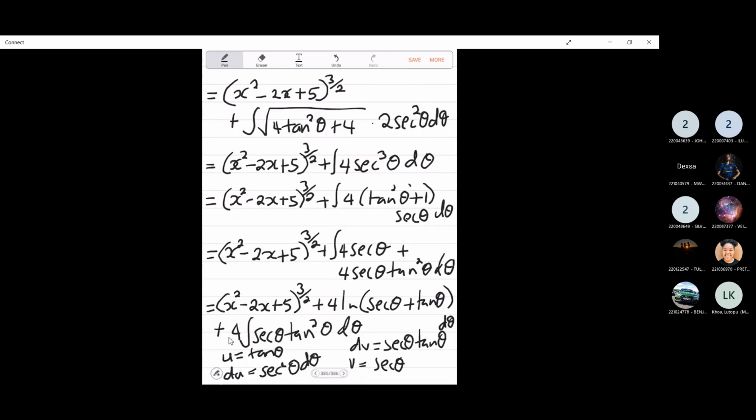And then we have for the integral of sec theta tan squared theta, which we integrate by parts. So this last two terms are the derivative of 4 sec to the power of 3 of theta. So now we add u times v. So we have sec theta times tan theta.